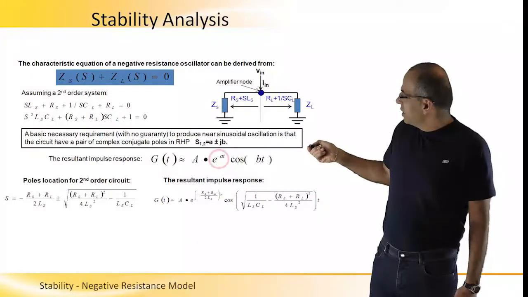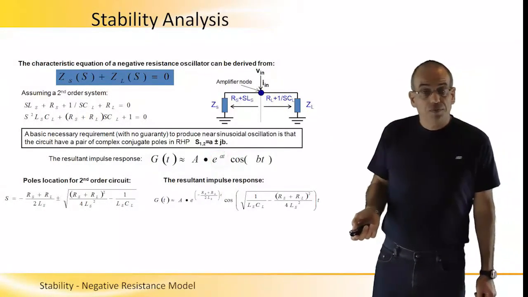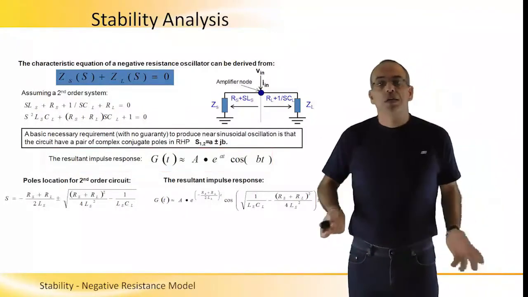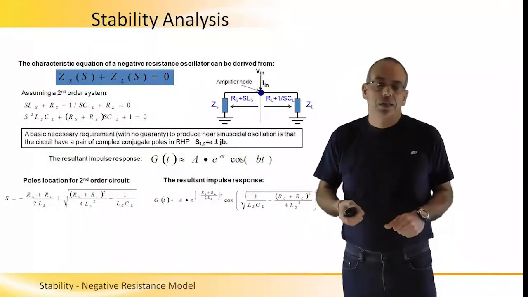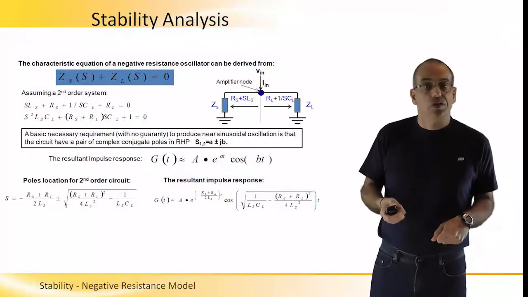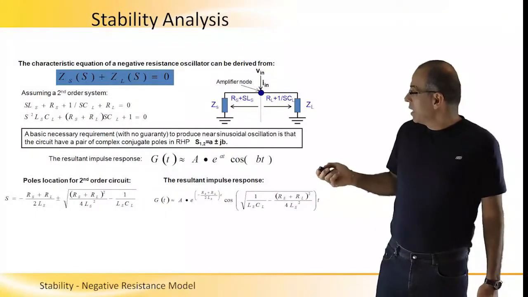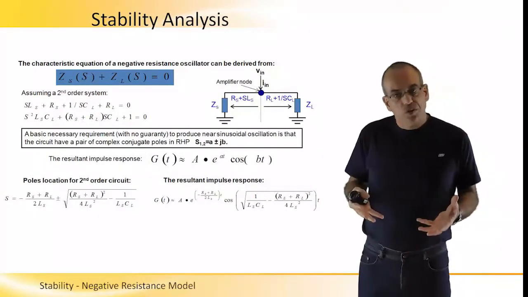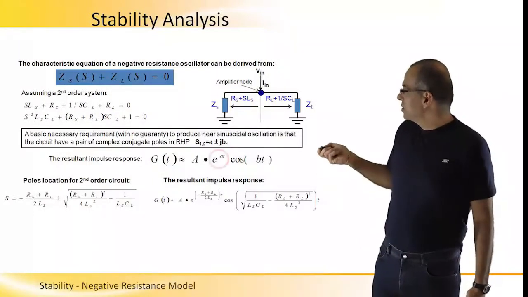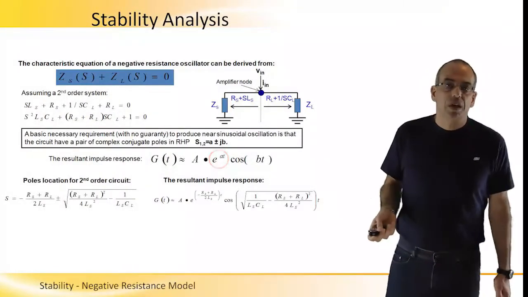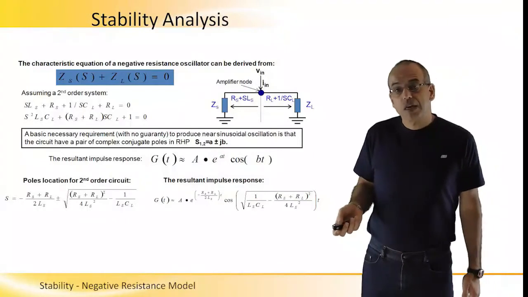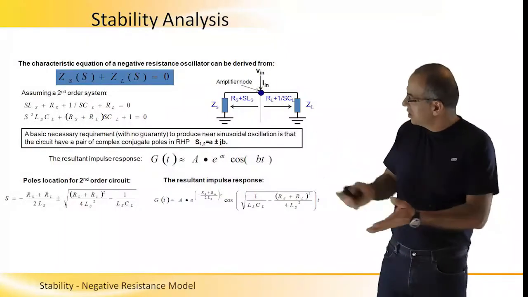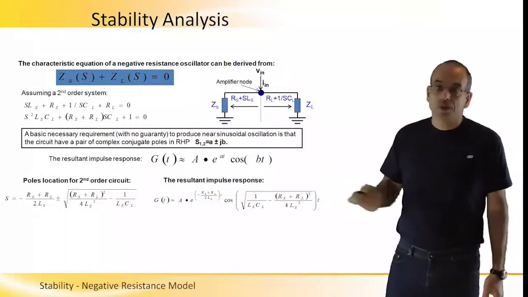However, if this A is positive, then the function will be exploding, and this is how we define an unstable circuit or system. Of course, in reality, it cannot explode, because when the transistor will saturate, this exponent will become 1 as A will become 0. But at the beginning, when the oscillation starts, this will be the equation.